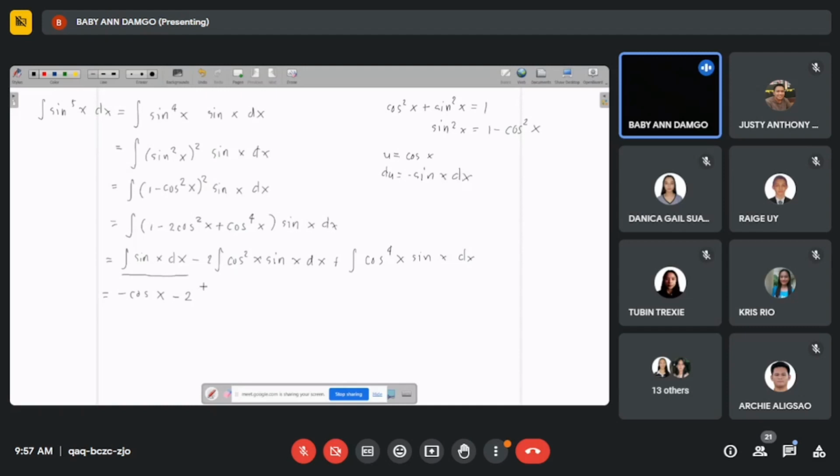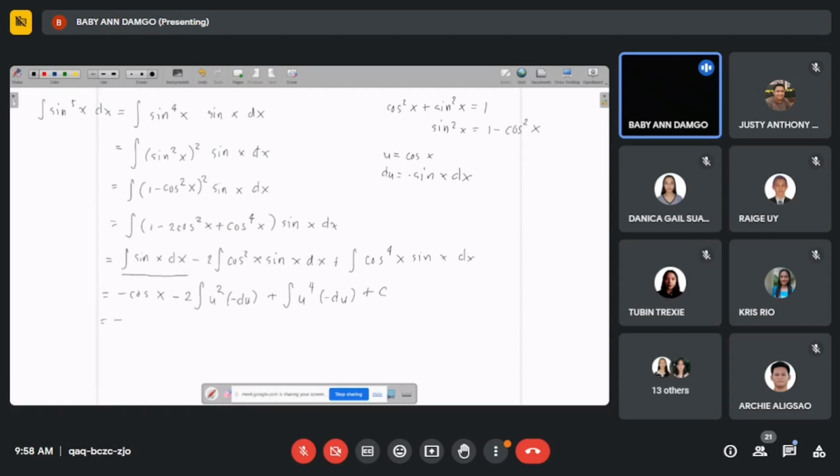Okay, so we will use substitution to solve the integral. So cosine x is u, copy the power, and then sine x dx is negative du, plus the integration of cosine x, so u to the fourth, and sine x dx is negative du by substitution. So we have plus c because we integrated already. Okay?